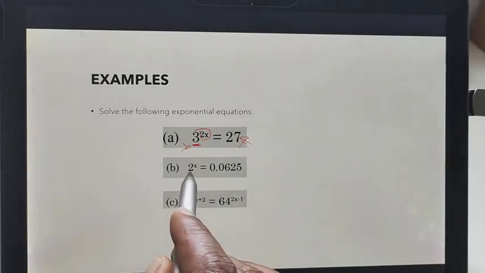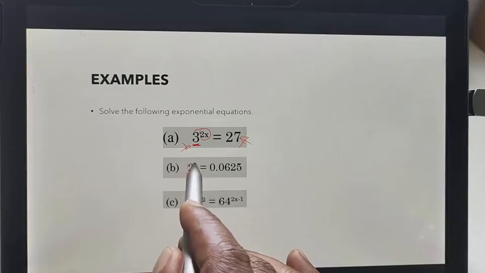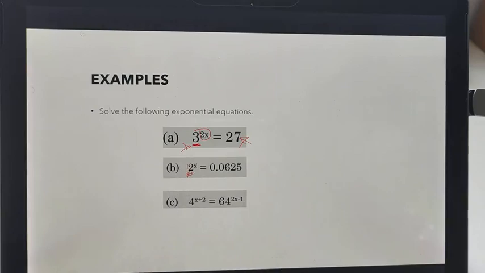The same here. 2 is the base. That x there is the power. If you look at it, the x is unknown, which means our power, our index, our exponent is unknown. So we should find that unknown.